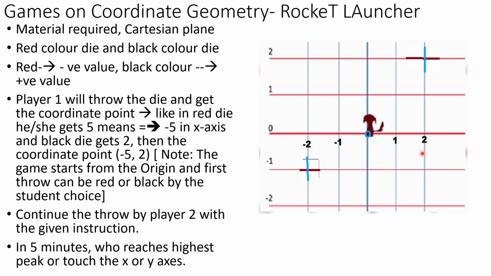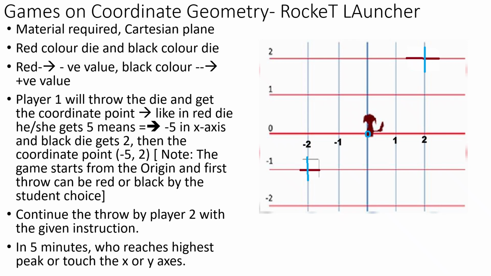So continue the game for 5 minutes. Whoever reaches the highest peak or touches x or y axis, then they are the winner for this game. So you can continue for 5 minutes. So it's a simple activity.